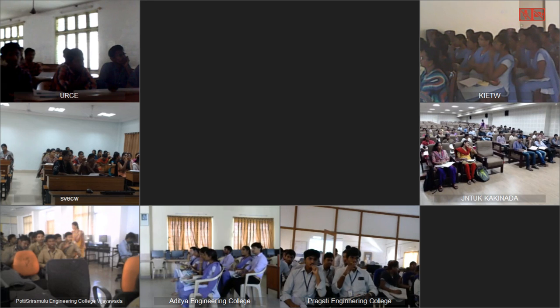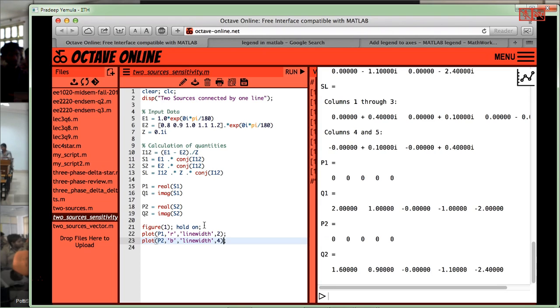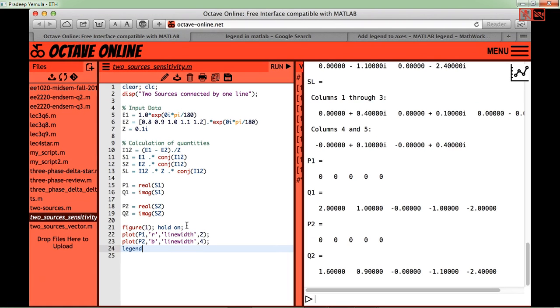This will be in blue color. So the first one is active power at bus 2. So again, this is very simple, I'm just creating the legend. Now let us save this and run this code.